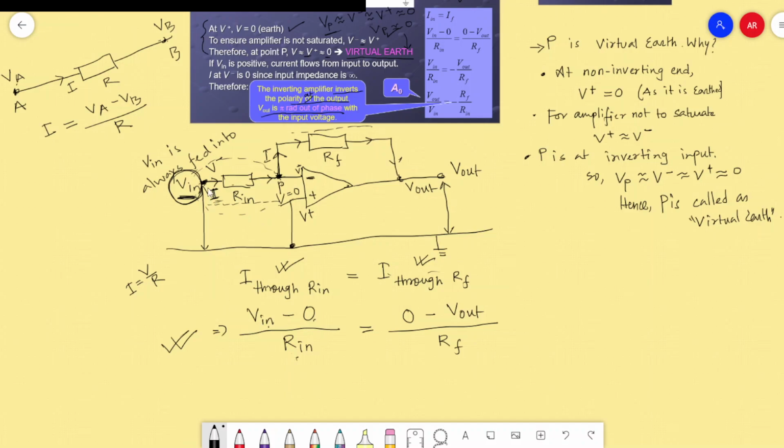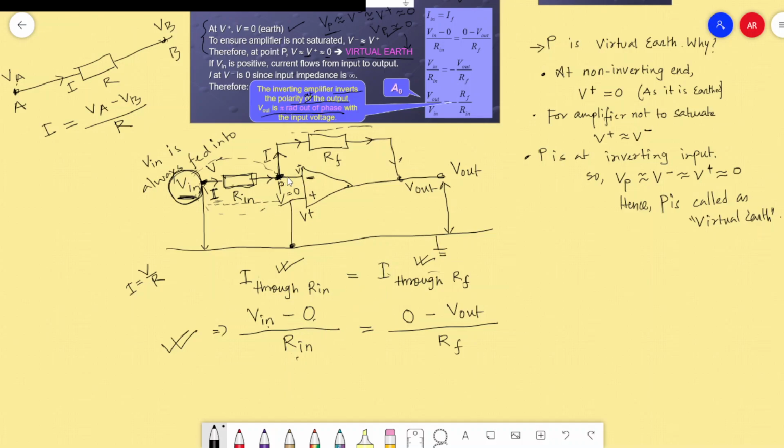So this is the input voltage. This is the point where the voltage is 0, and this is the input resistance through which current flows. So this current I equals Vin minus 0 divided by Rin.